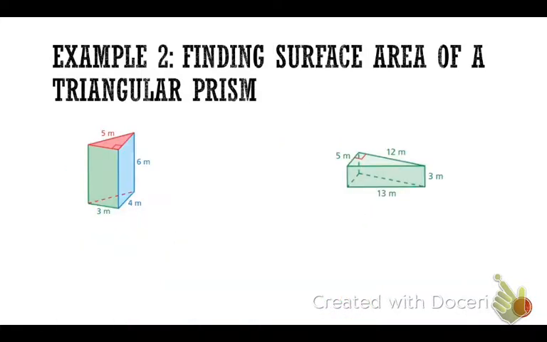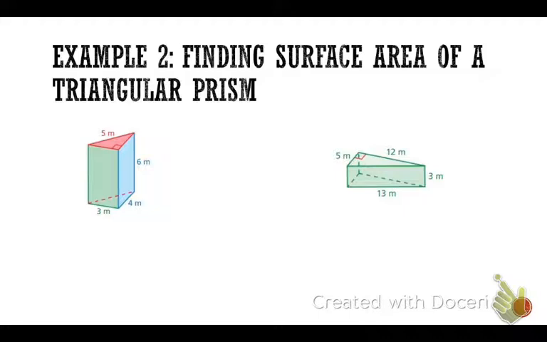Okay, so for triangles, remember what it said for surface area of triangular prisms: areas of bases. Because for the triangular prism, how many bases do you see? Top and bottom. You see top and bottom, don't you? Okay, so I'll just highlight it real quick.